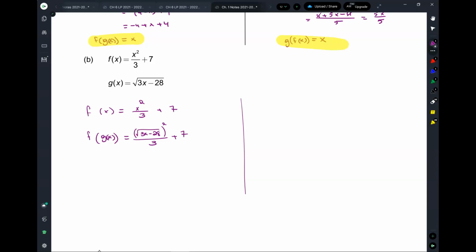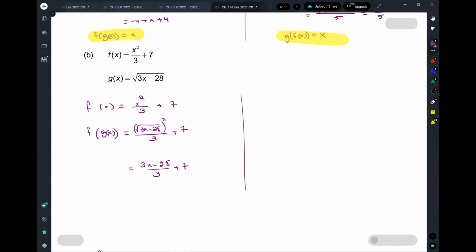What happens with the square and the square root? They cancel away. They go away. They cancel out. 3x minus 28 over 3 plus 7. So what happens here? Do they? No, they don't.